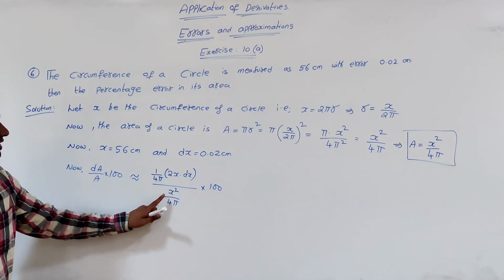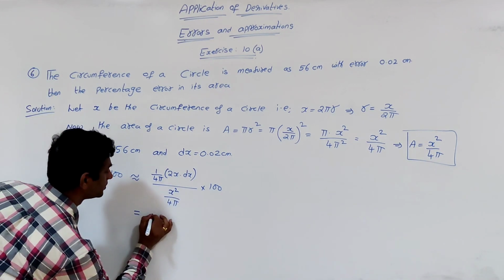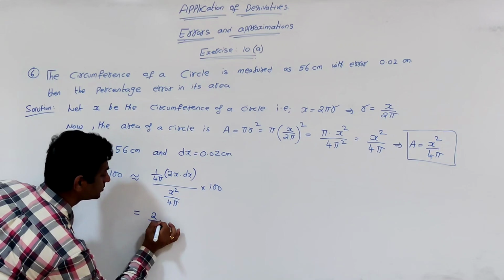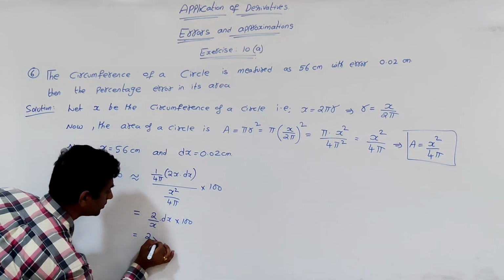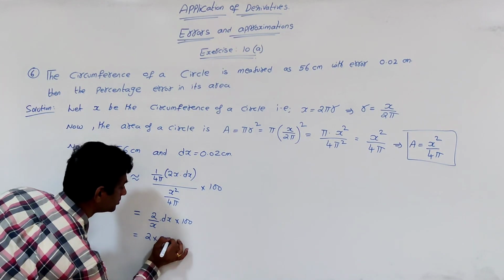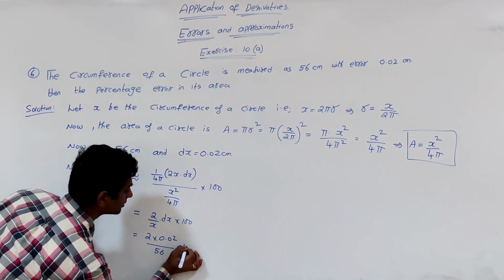So 1 by 4 pi gets cancelled and it will be left over with 2x, one x gets cancelled, 2 by x into dx into 100. 2 into dx is 0.02 by 56 into 100.